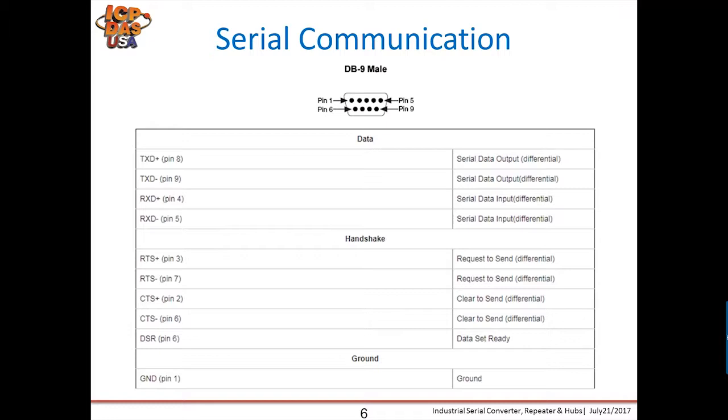Differential transmission uses two lines each for transmit and receive signal, which results in greater noise immunity and long distance as compared to RS232. This advantage makes RS422 a better fit for industrial application.